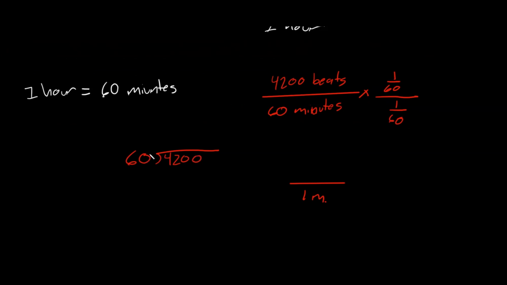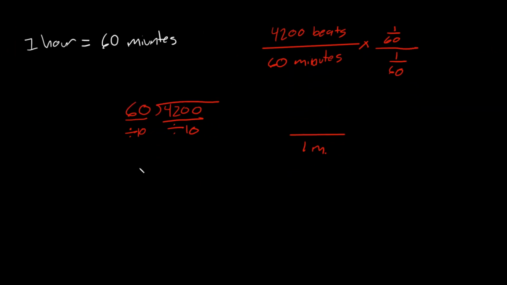And to make this expression a little bit easier, we can actually just go ahead and divide both the divisor and dividend by 10. Well, 60 divided by 10, we're just getting rid of 1 zero, so that will be 6. And that's going to go into 4,200 divided by 10. Again, we're just getting rid of 1 zero, so that's going to be 420.